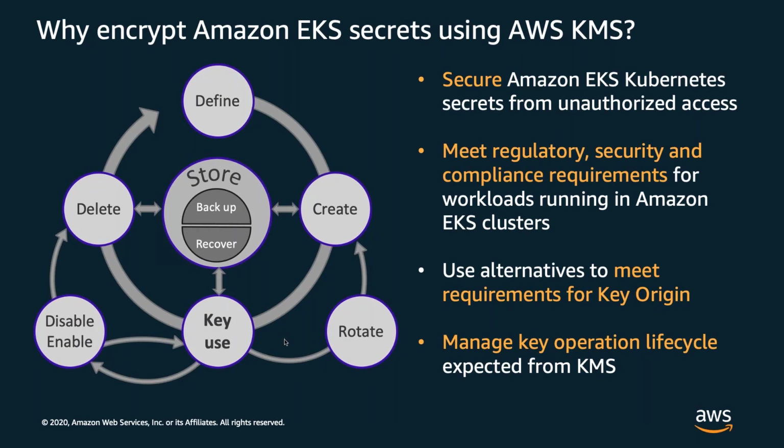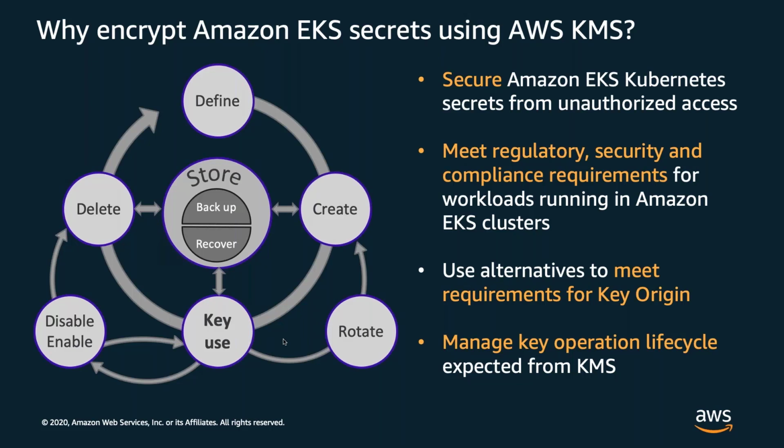And so to summarize, why encrypt Amazon EKS secrets using AWS KMS? First of all, you'd like to secure your Amazon EKS Kubernetes secrets from unauthorized access. There might be regulatory, security, or compliance requirements you have to align with within your organization.